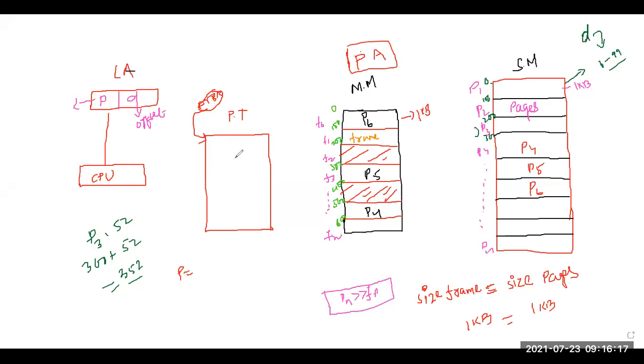Clear? Now in this page table, how many blocks will there be? There will be 3 blocks. Okay, there will be 3 blocks. Why? Because the program here requires 3 pages. So I will take 3 blocks here. Now I will number these pages: this is my page 1, this is my page 2, this is my page 3.